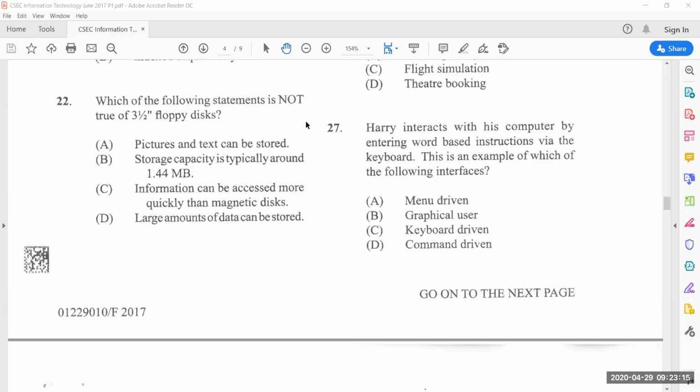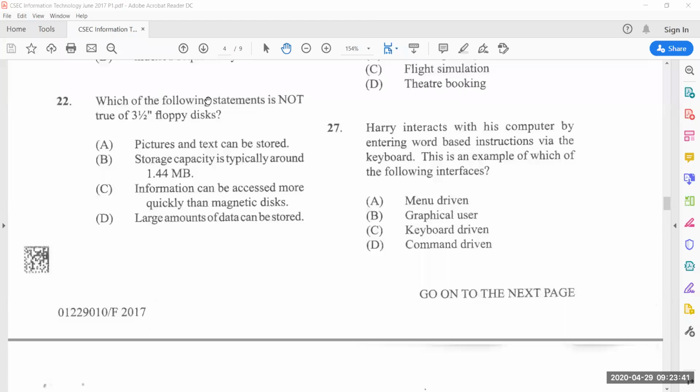All right. The first one is pictures and text can be stored. The storage capacity is typically around 1.44 megabytes. Information can be accessed more quickly than magnetic disks. Large amounts of data can be stored. It's B because a floppy disk can hold plenty of data. That is a disadvantage of it.